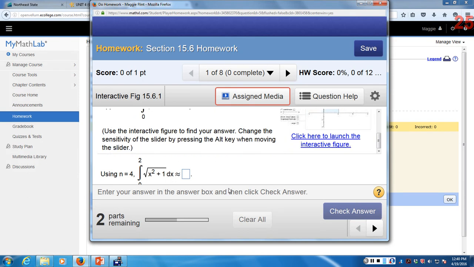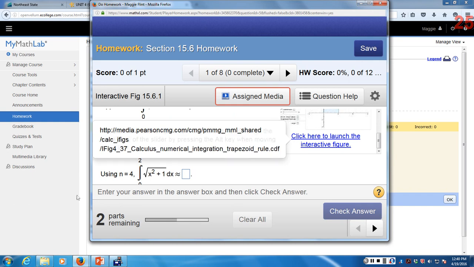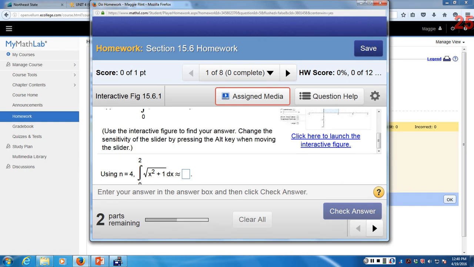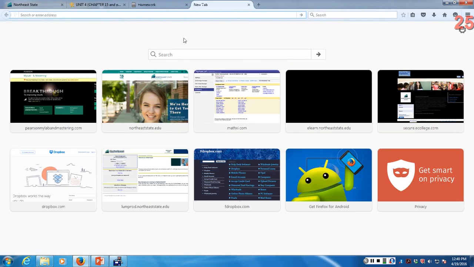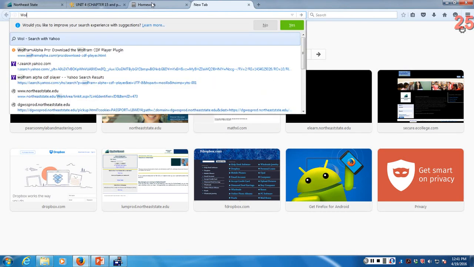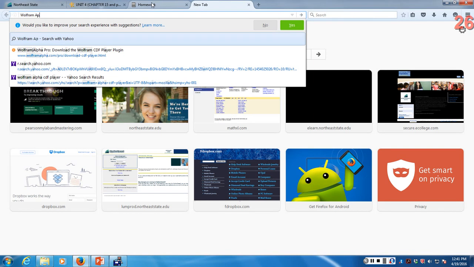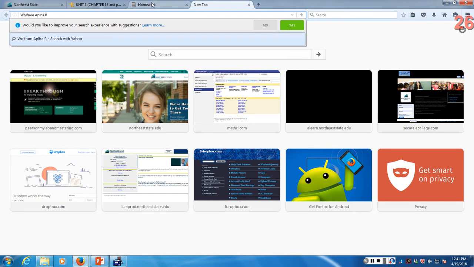We are sure not going to do that problem if we can't use the interactive figure. And I don't know if I can install it or not. Let me check. Yeah, you can do it with 4, but who wants to do it with 10 and 20? Helps if you spell it right.